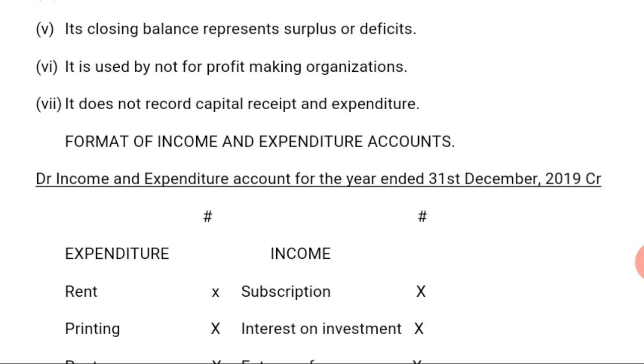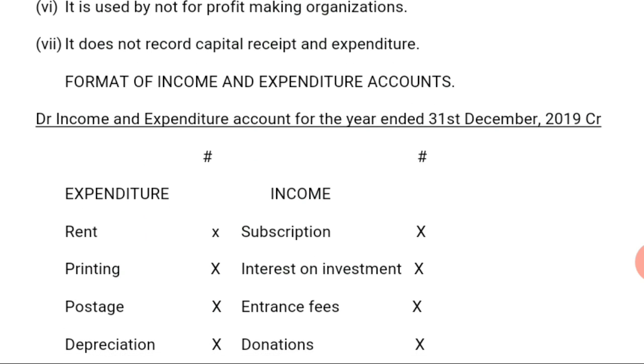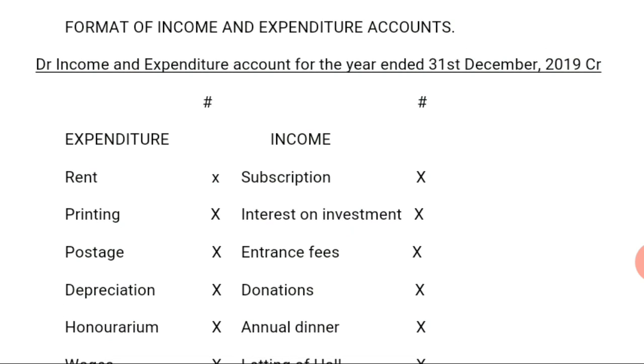income and expenditure accounts. From there, let's look at the formats that can be used in preparing income and expenditure accounts. This is an illustration of a format that can be used in preparing income and expenditure accounts. Debit and credit side, we have the heading income and expenditure account for the year ended 31st December 2019.